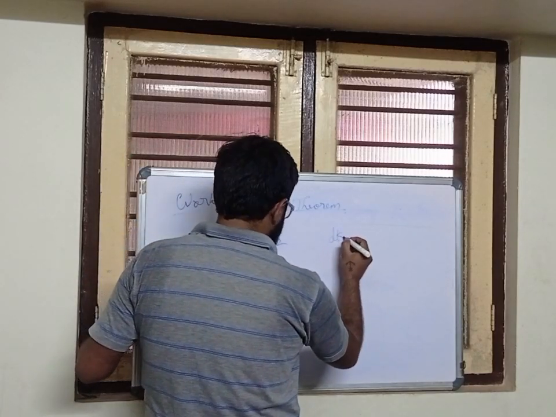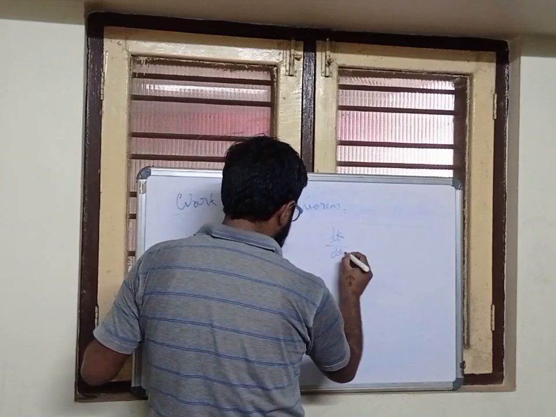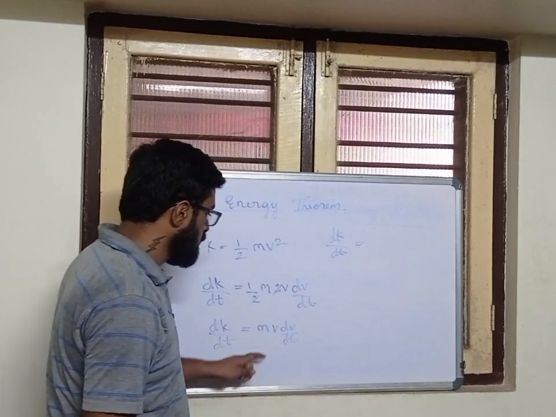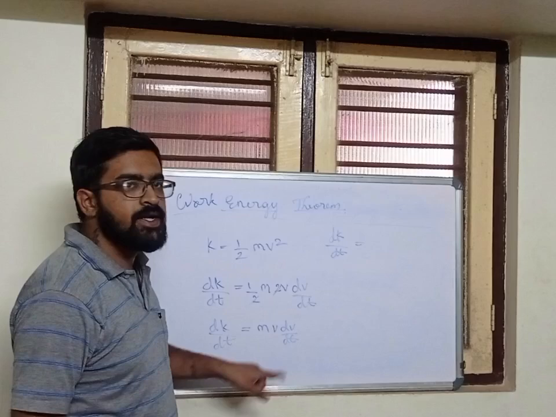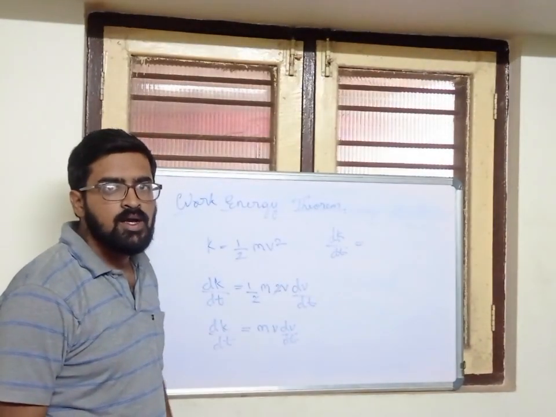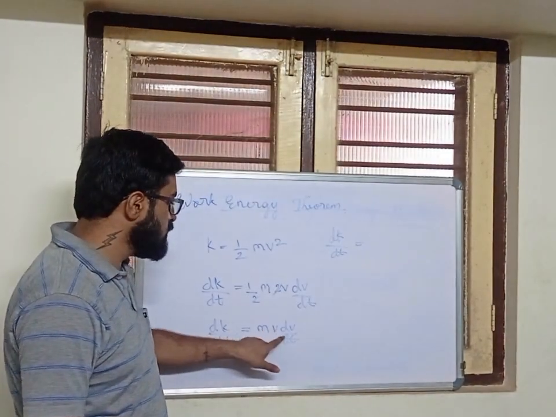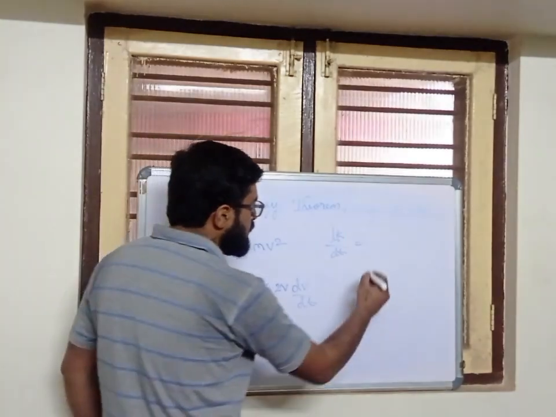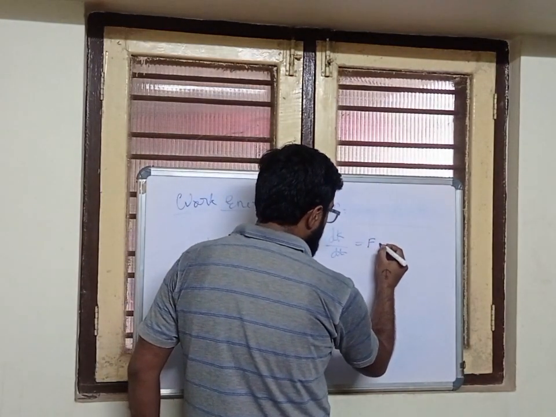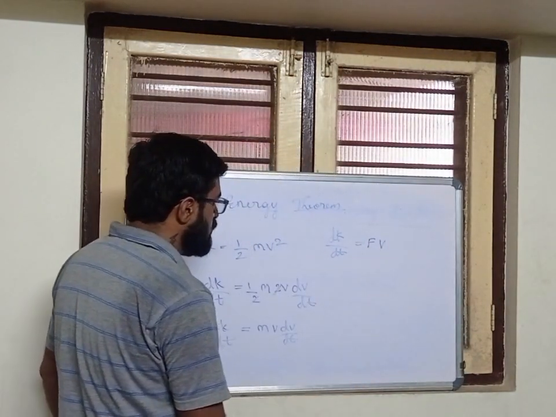So dK by dt, what is m into dv by dt? What is dv by dt? Acceleration, right? So this becomes ma. We can write it as force into velocity.